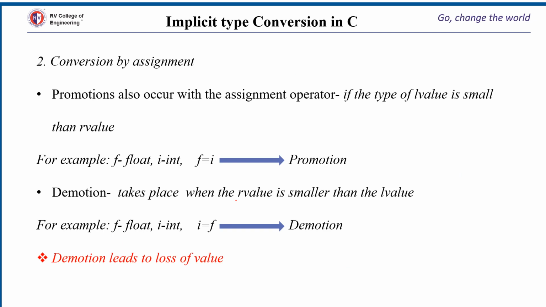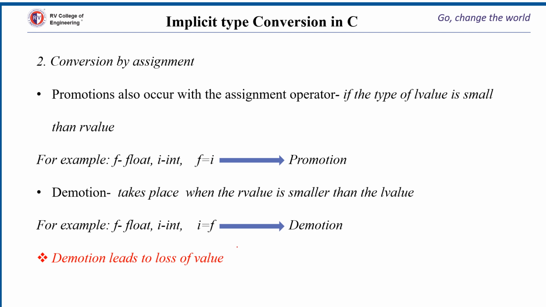Conversion by assignment. As we saw in this example, there was promotion taking place, that is, from a type of a variable it was promoted to its higher type. However, when you observe in an assignment operator, whenever we are assigning an RHS r-value to an l-value, demotion might also take place.